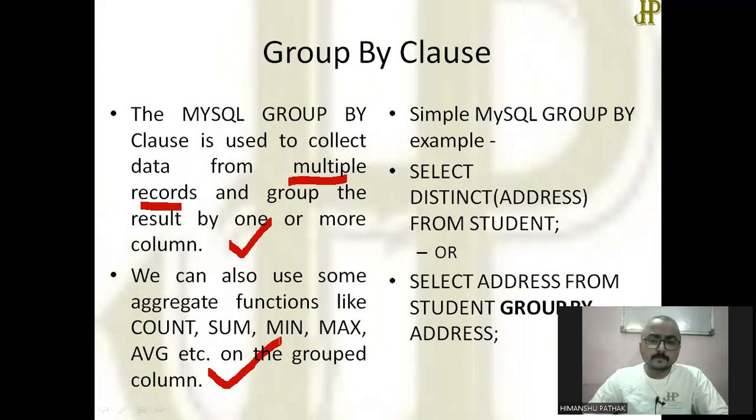For example, select distinct address from student. So 3 or 4 addresses are fetched, that is Noida, Lucknow, Allahabad. That can be done with group by also. How? Select address from student group by address.